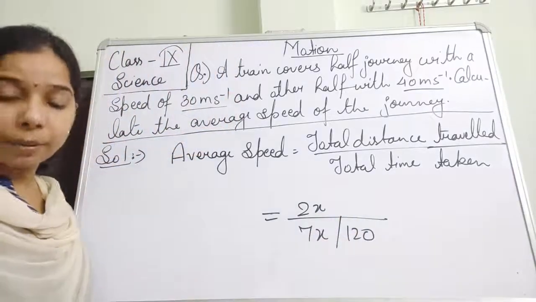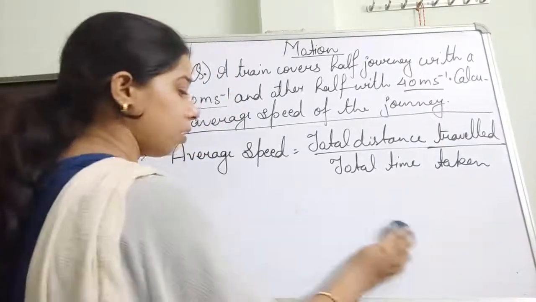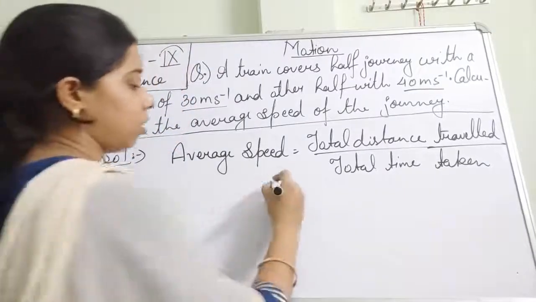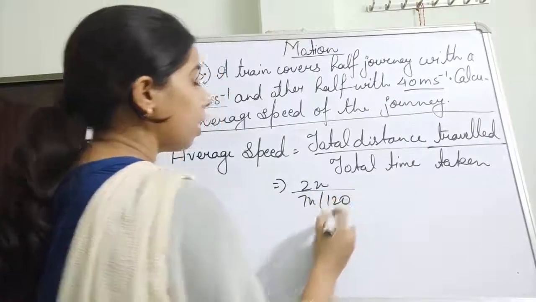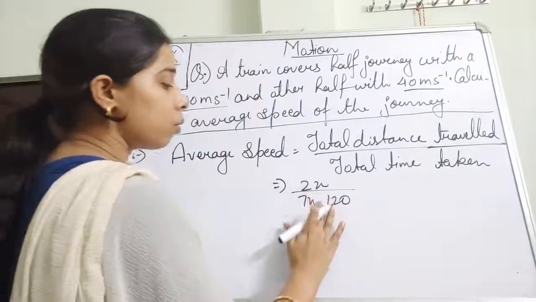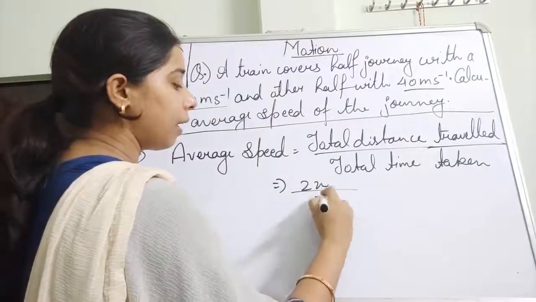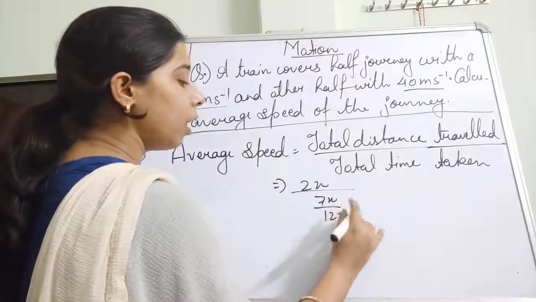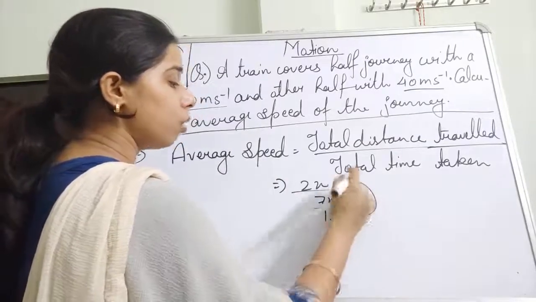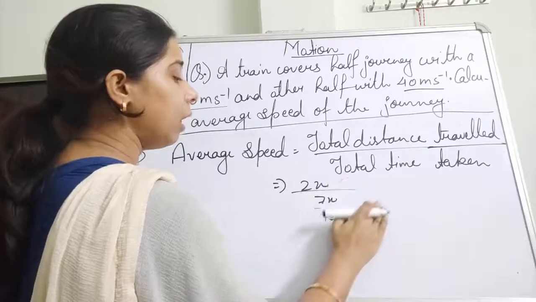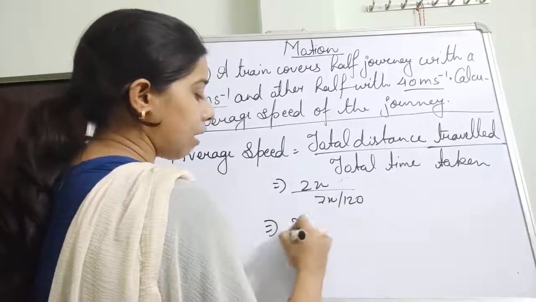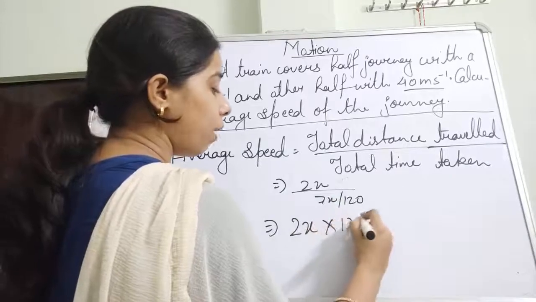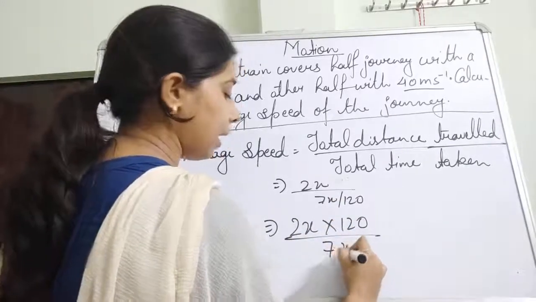Now what will happen after that? Let me write it above. It becomes 2x upon 7x upon 120. The 120 will go to the numerator, and it will become 2x into 120 upon 7x.